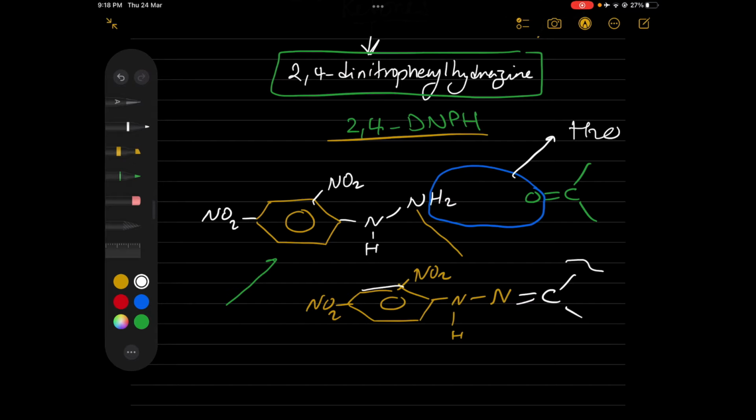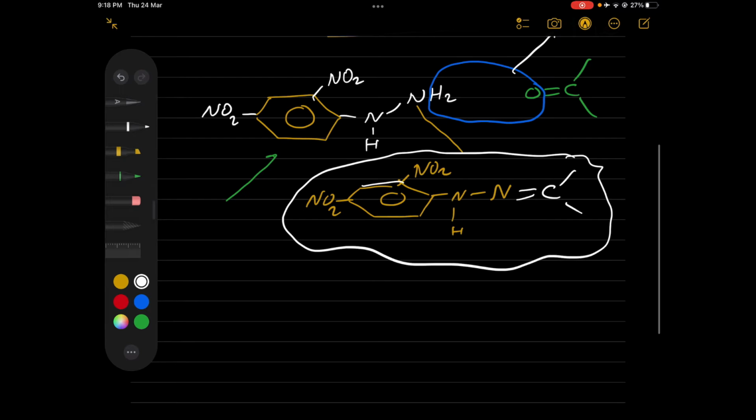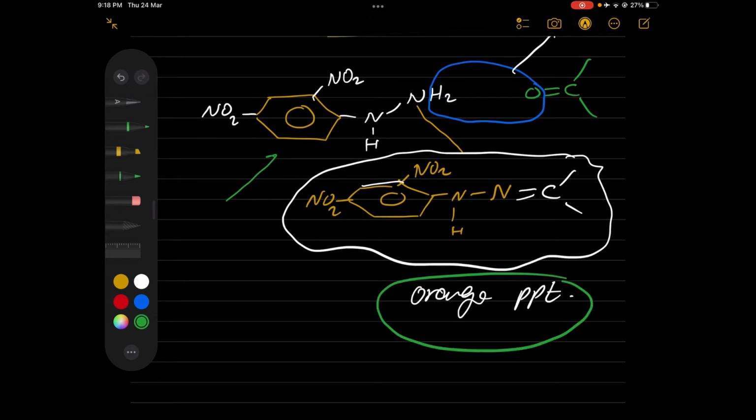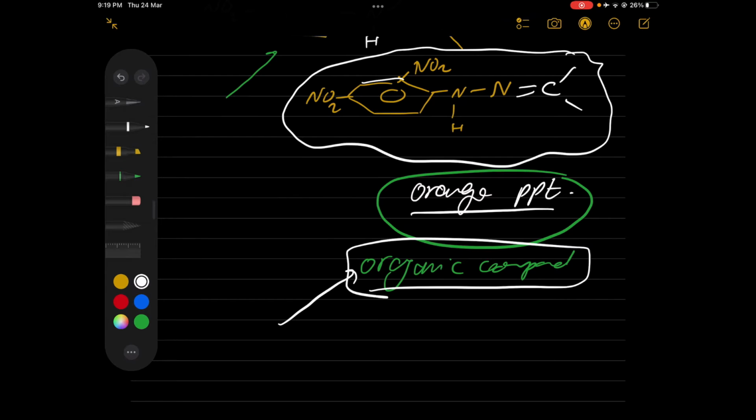The formation of this compound immediately gives an orange precipitate. A very important point in this case is that this precipitate is the result of the formation of an organic compound.